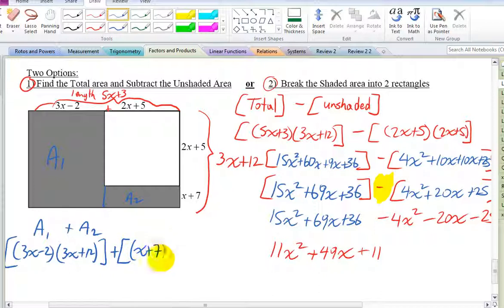Area number 2 would be x plus 7 times 2x plus 5. Okay, so just be aware that's another way. But again, we really try and force you to do the other method. So I'm not going to continue with this one, but just be aware that it does exist and it is right. Any questions?